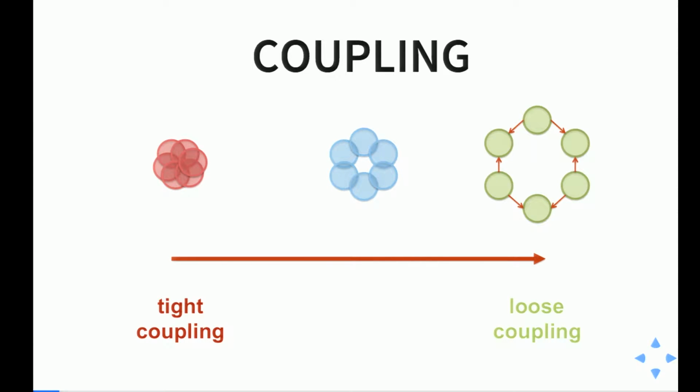They have many dependencies, so when you try to change one thing, you need to change it in lots of places. While with loose coupling, you have modules that talk to each other through well-defined interfaces. So it's easy to take one of them out and put another one in its place.